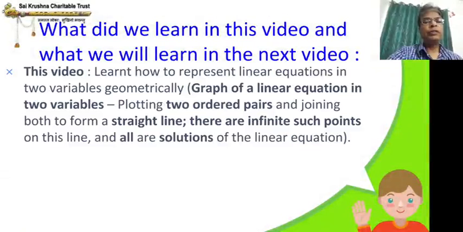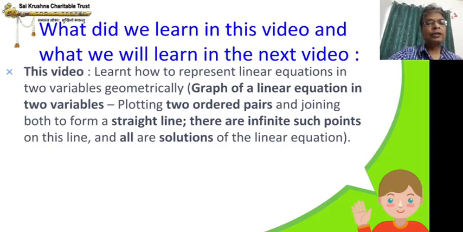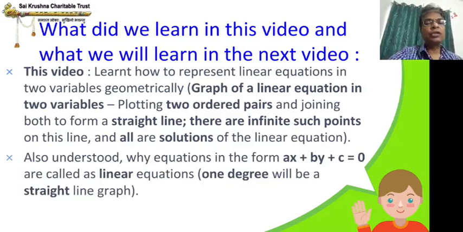In this video, I hope all of you have understood how to represent geometrically, that is, how to draw the graph. There are 6 steps in total, and we take 2 ordered pairs and then join the line, and that becomes a graph. We also understood there are infinite such points on this line and all are solutions of the linear equation, and why ax plus by plus c is called a linear equation.